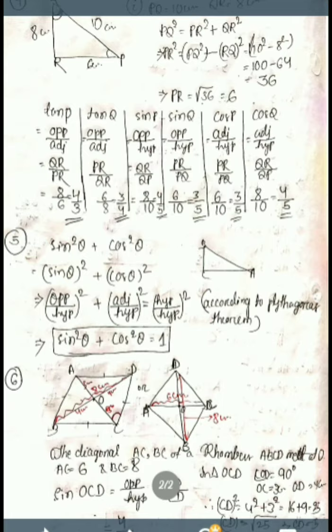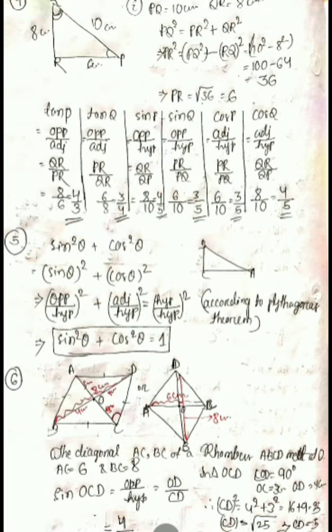Without using the tables, find the value of cos A. So students, I hope question number 7 and 8 you can solve yourself. Just try it. Up to question number 8 we have discussed. That's all for today, and in the next video we'll discuss the rest of the numbers of this exercise 19b. Okay, thank you.